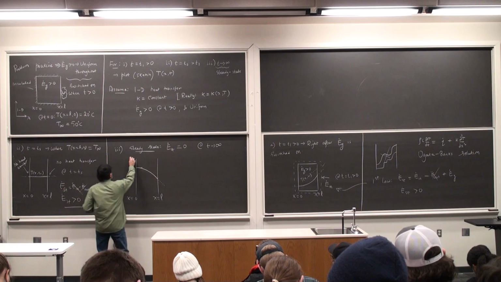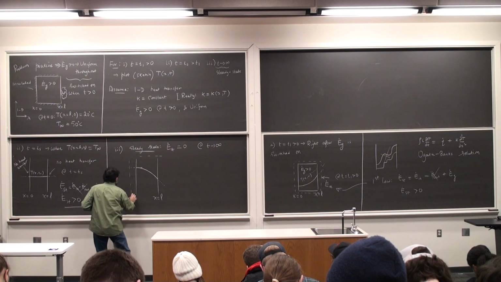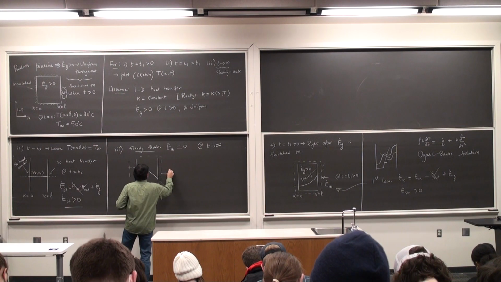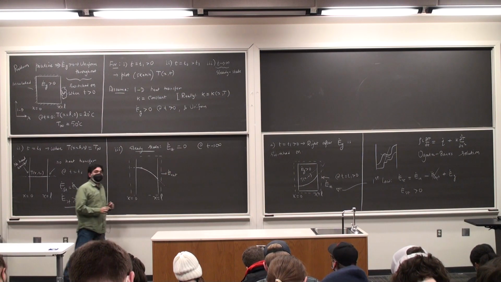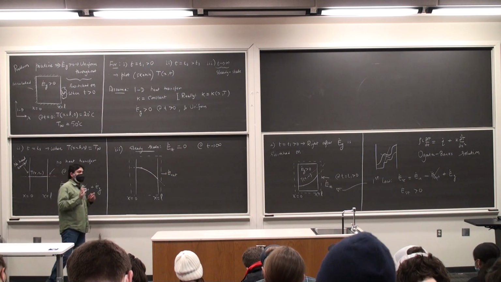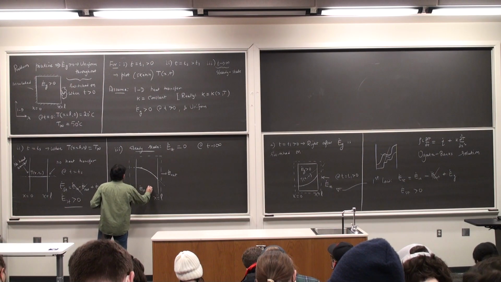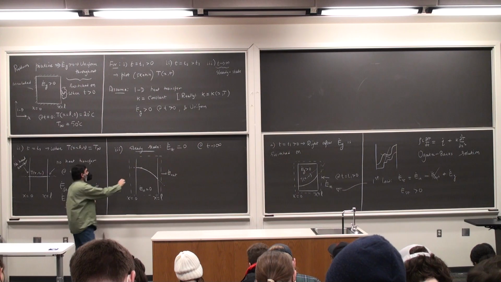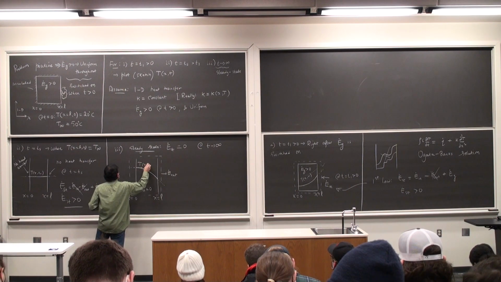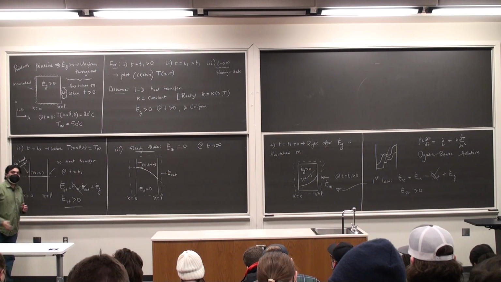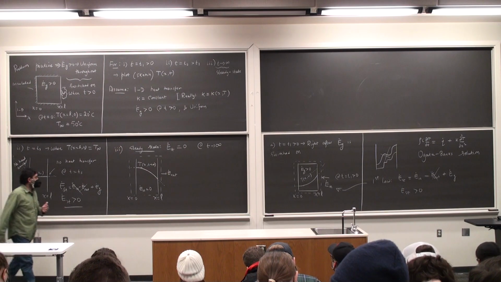If I draw a control volume, control surface around this body, there is E dot out. E dot generated is... I'm sorry, E dot stored is 0, because we are at steady state. This is T at x, and as t tends to infinity, if you perform your energy balance, this is your typical situation.